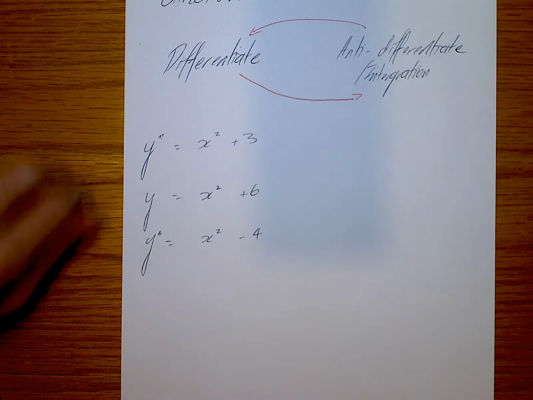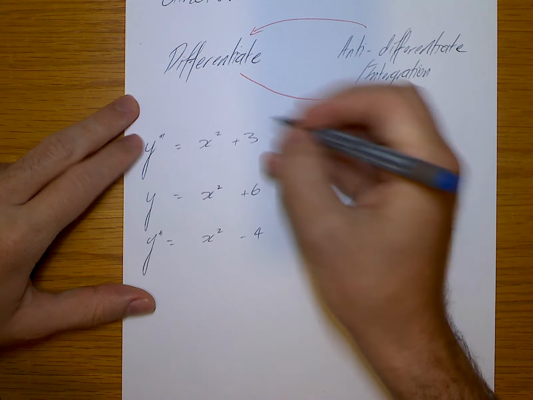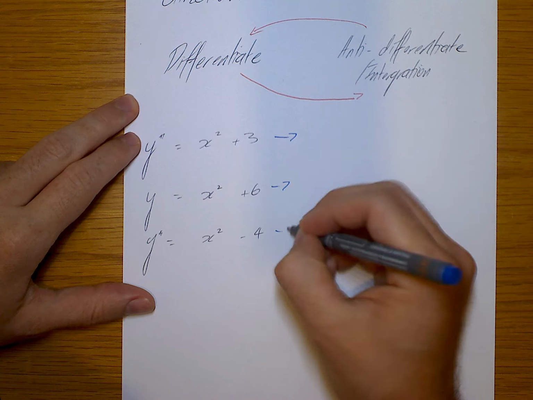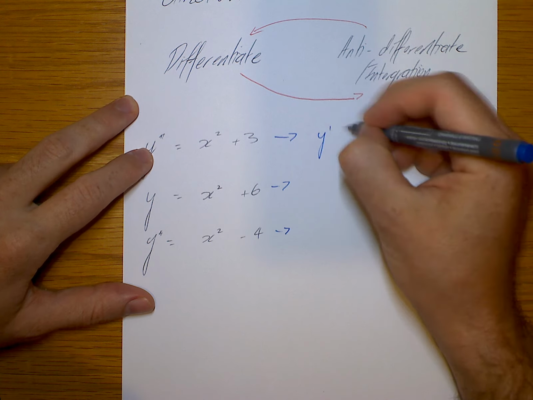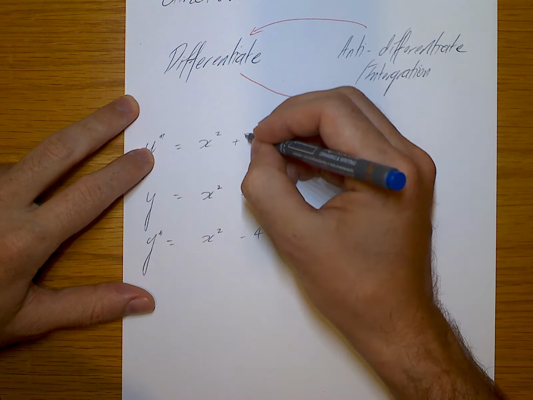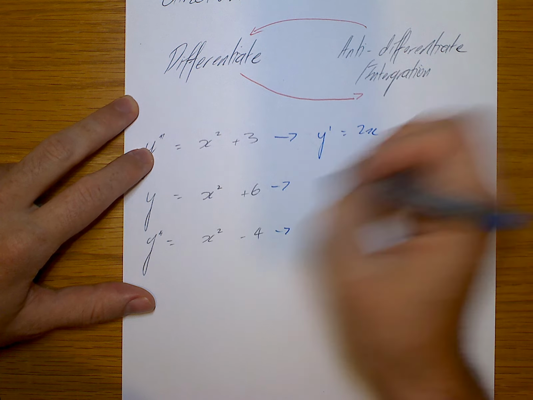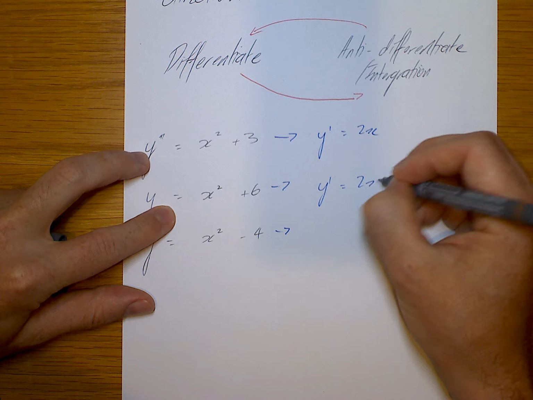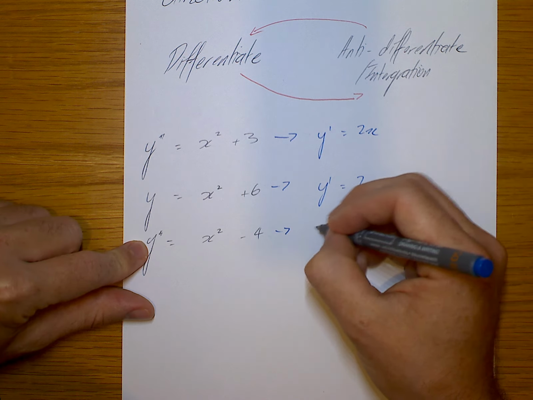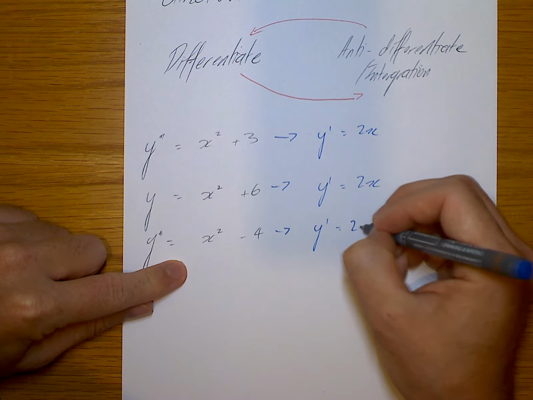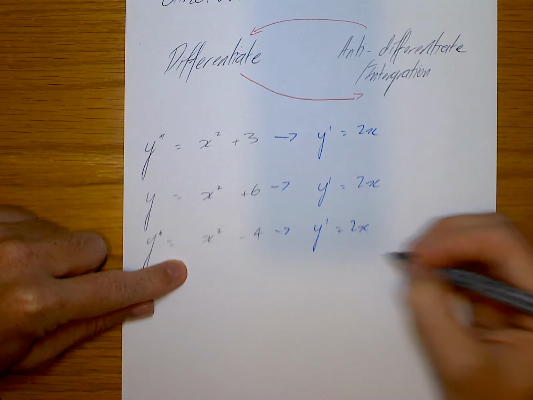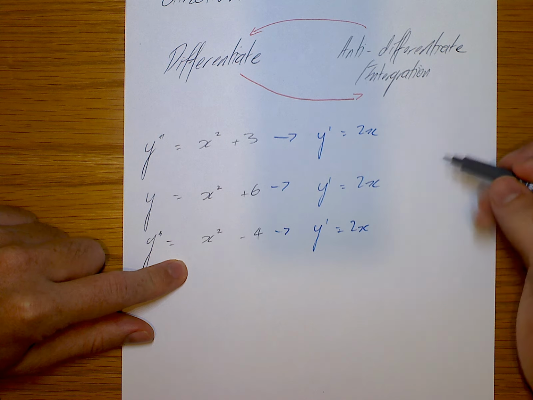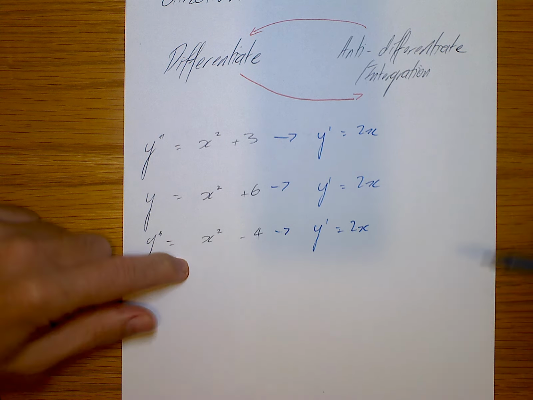If we were to differentiate these, y dash would be, the 3 would go away, and then we were left with 2x. If we differentiate this, y dash, 6 would go away, we're left with 2x. If we differentiate this, it's going to be y dash 2x. They are all the same results, but we have 3 different functions.